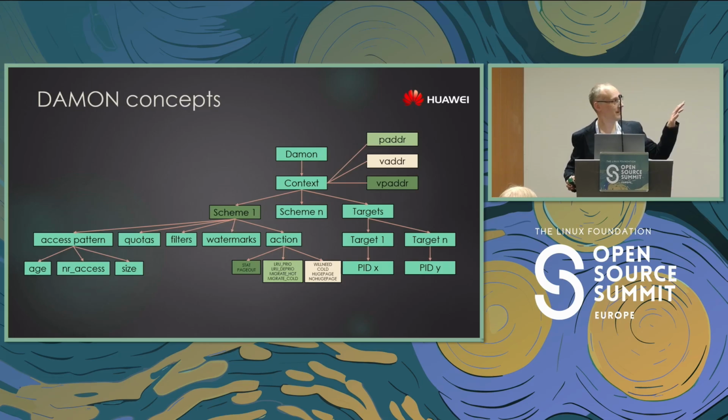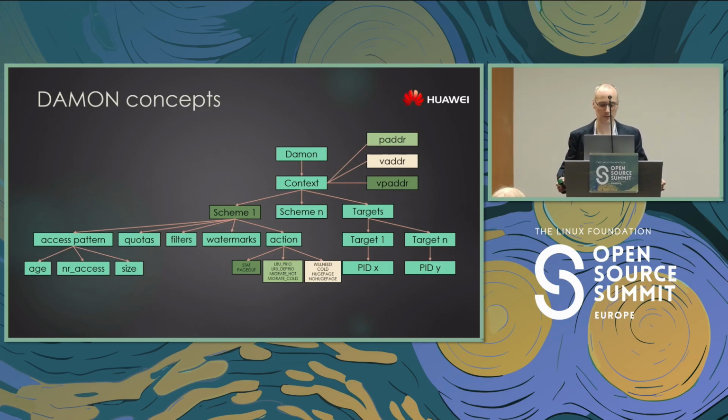Then you see up to scheme N. If you look at the code in Damon, unfortunately right now it only supports one scheme. The maintainer said that they'll work on supporting multiple schemes. And you have all the stuff that I mentioned before: access patterns, quotas, actions, and so on and so forth.